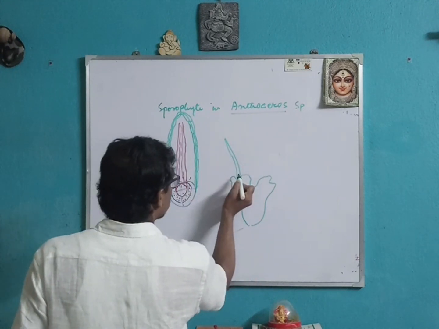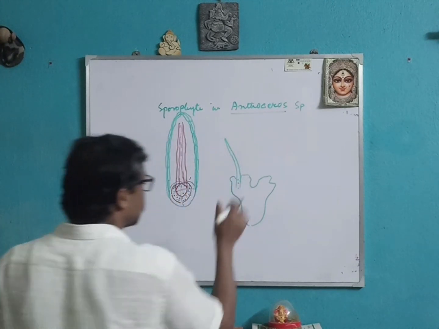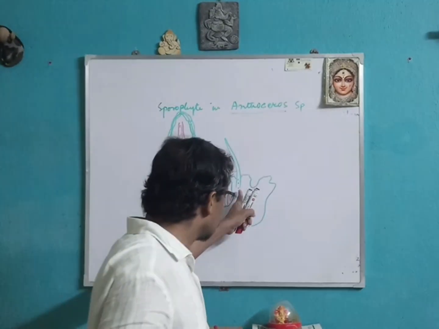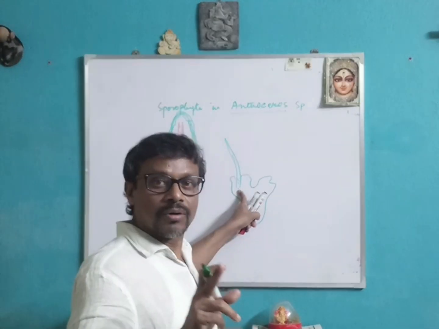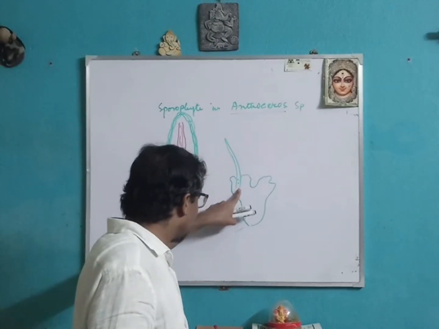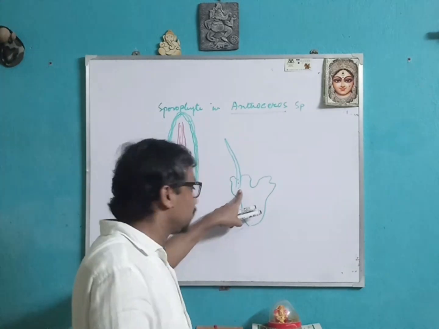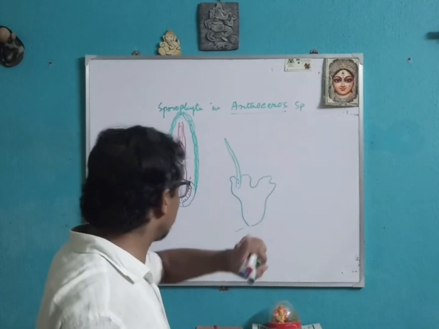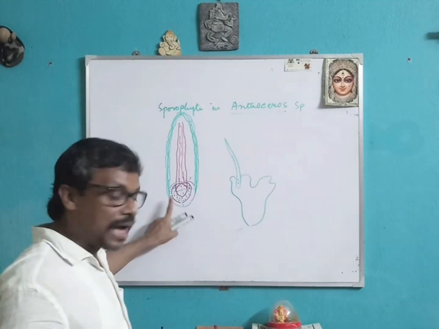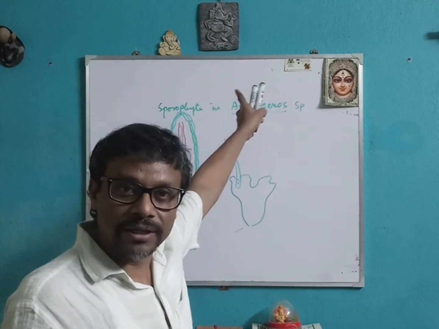Actually, sir, these sporophytes have arisen because an archegonium was embedded within the gametophytic thallus, and that archegonium was bearing an egg nucleus which was fertilized by the antherozoid, and the zygote was formed inside the thallus, and that zygote ultimately underwent such developmental processes, and that's why such an erect sporophytic body developed.